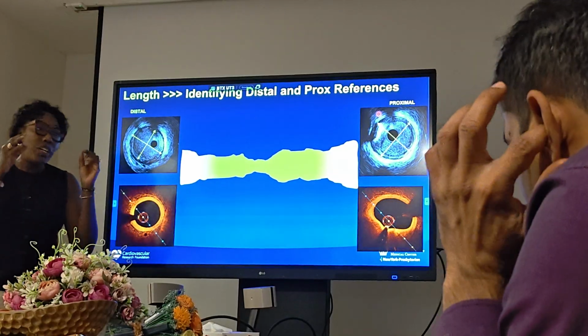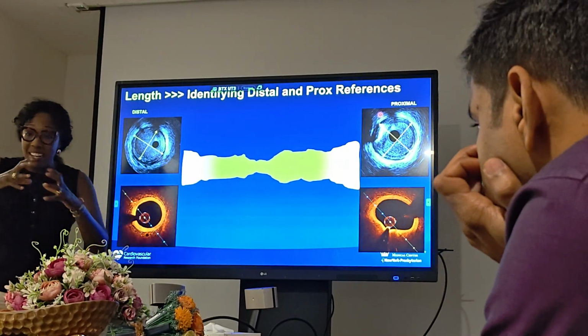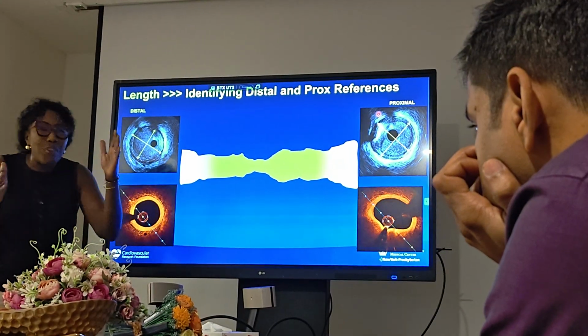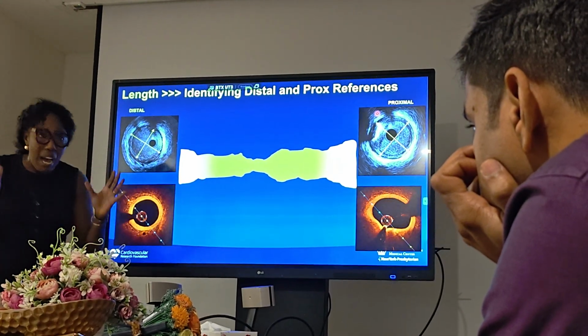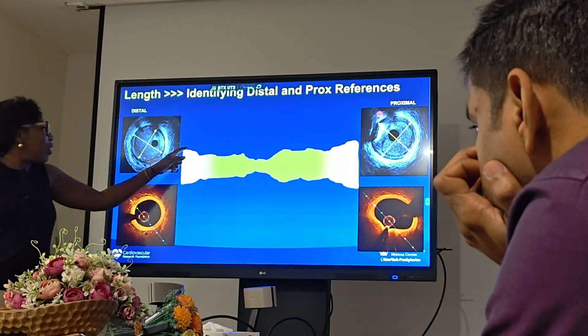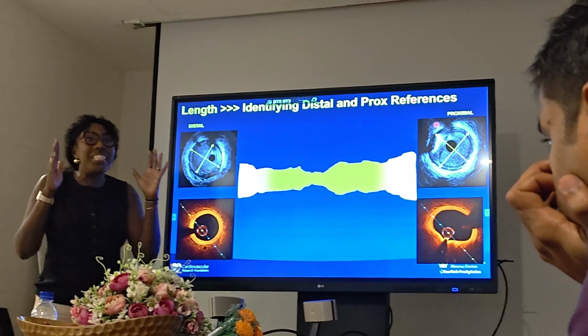But again, if you're dealing with a diabetic patient, diffuse disease, if I get 50% or 55, 60, I'm okay. But if I don't get that, at least where my MLA is decent.